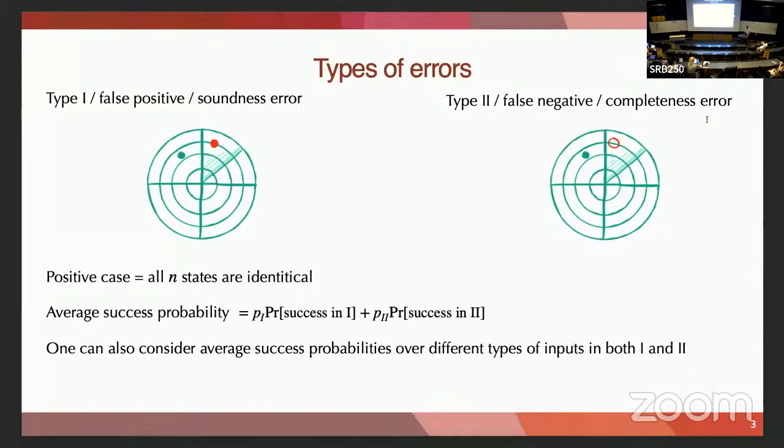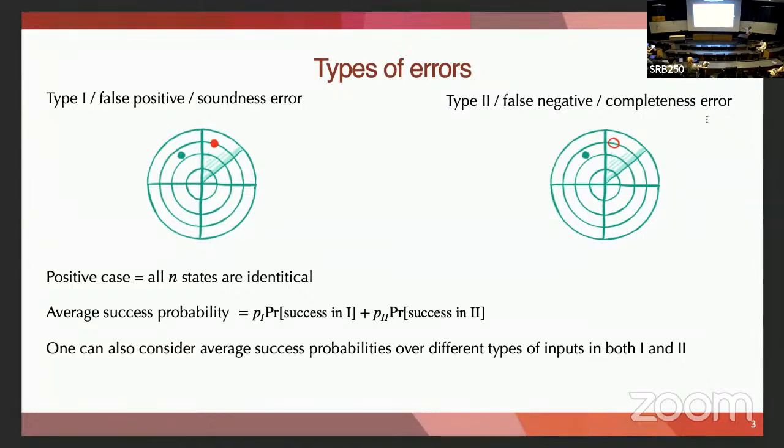So I'm going to distinguish two types of errors, how it's usually done in statistics. Type 1 error, or sometimes called false positive error, or soundness error, is basically when, given the positive case, we answer incorrectly. And the positive case for our state identity problem will be that all states are assumed to be identical.